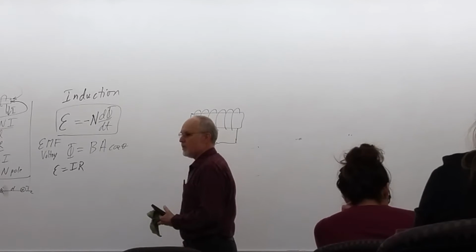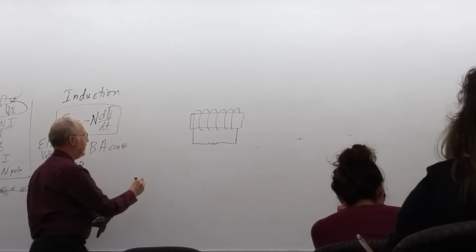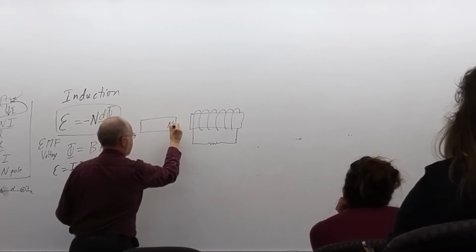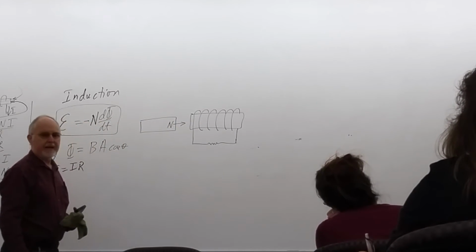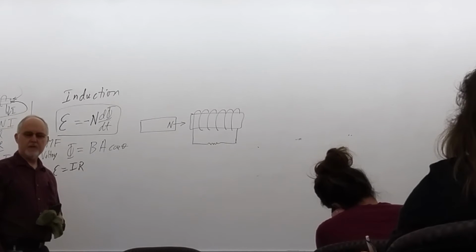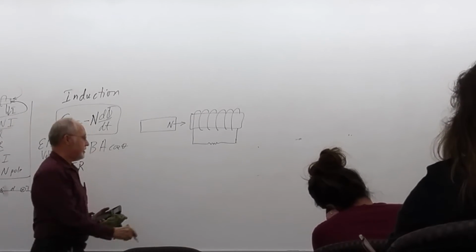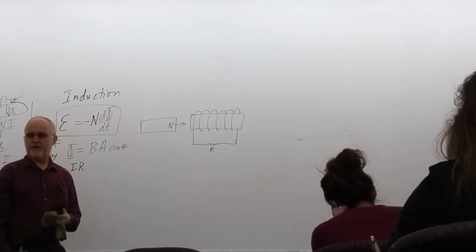It's easier to see which way the currents are going as opposed to the voltage. If I take a bar magnet and move the north pole into the coil from that end, which way is the current going to go through my coil and through that resistance down here at the bottom? Which way does the current go?